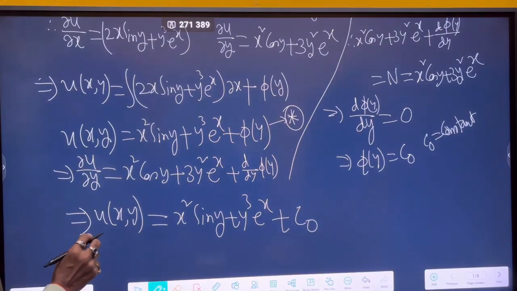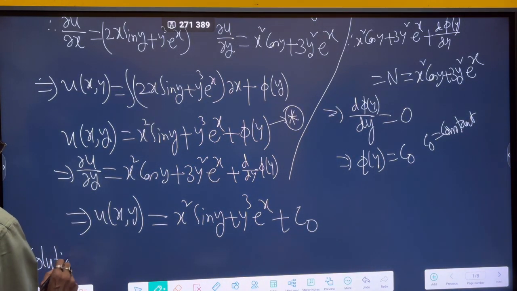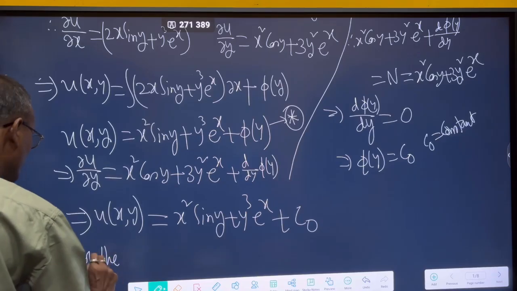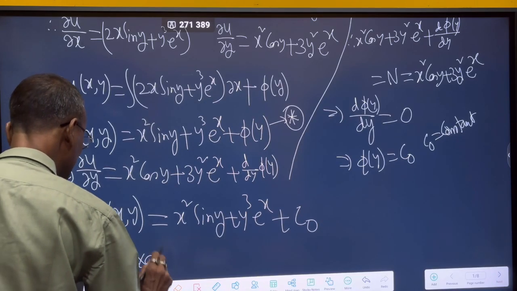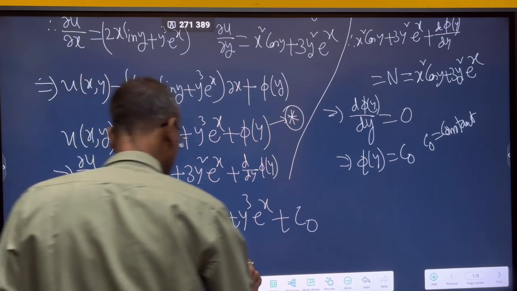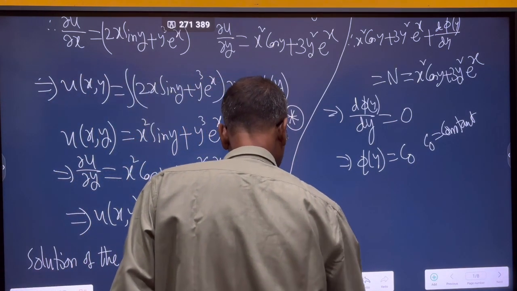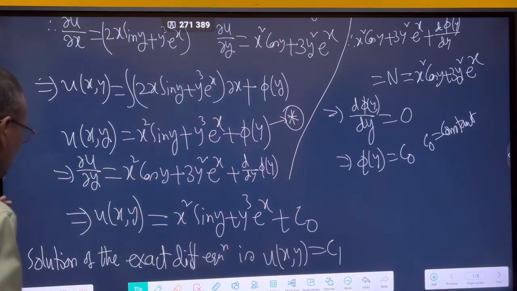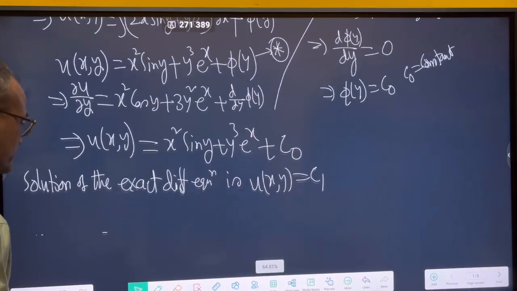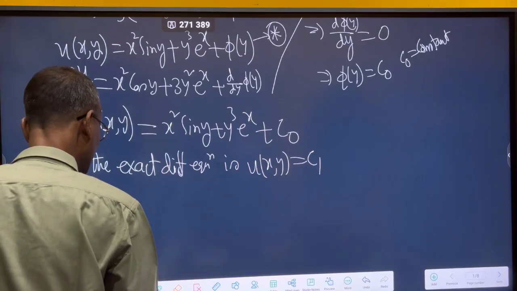Solution of the exact differential equation is u x y equal to constant c1.